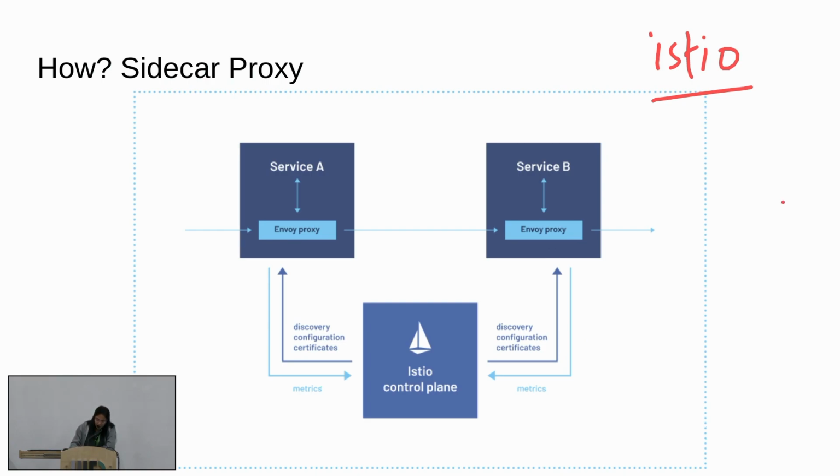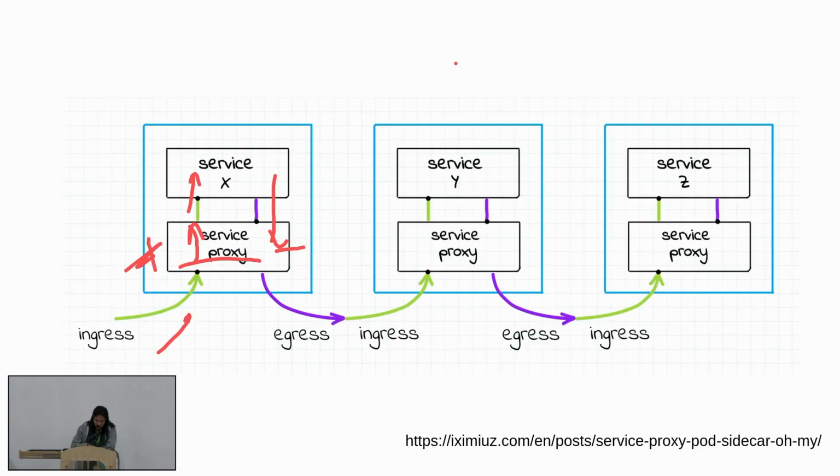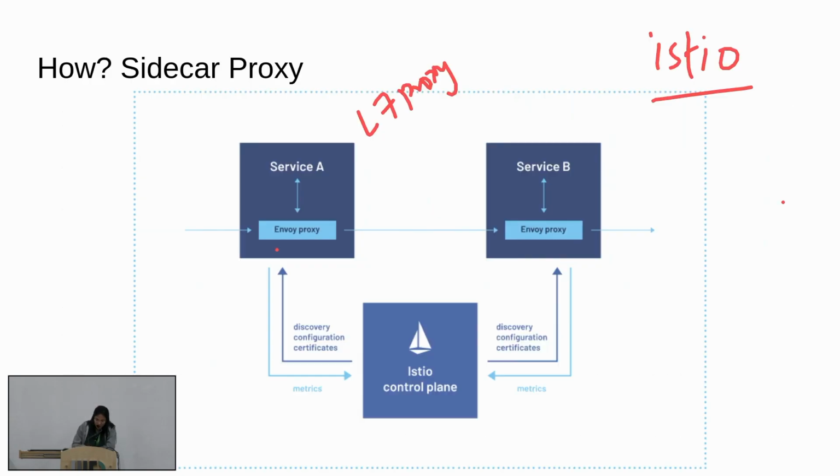These are L7 proxies that get deployed along with your microservice. The proxy here is the Envoy proxy in the case of Istio, which runs along with your microservice and handles all the operations like fault injection, observability, rate limiting. All these things are done at the Envoy proxy that runs along with your service on the cloud, right? That's how Istio works, right?